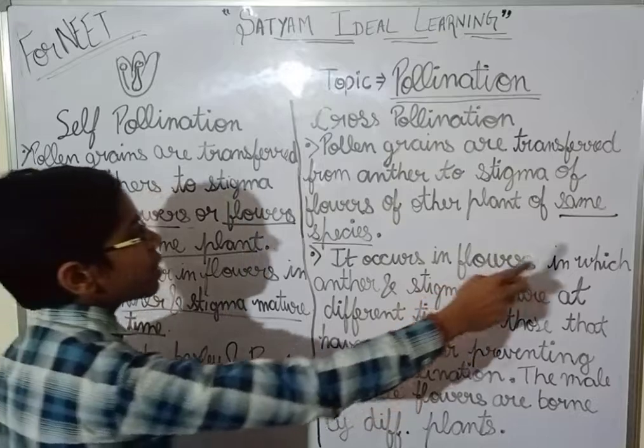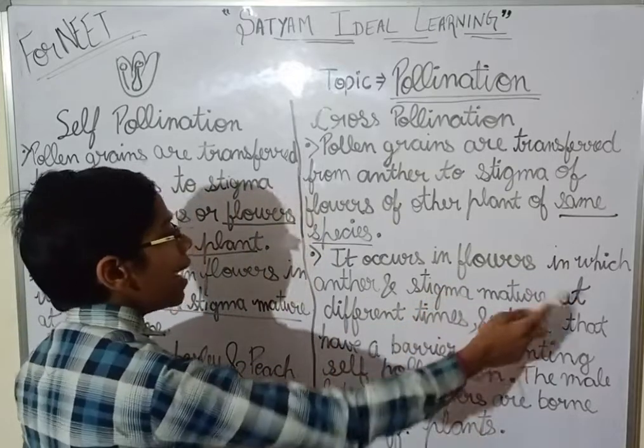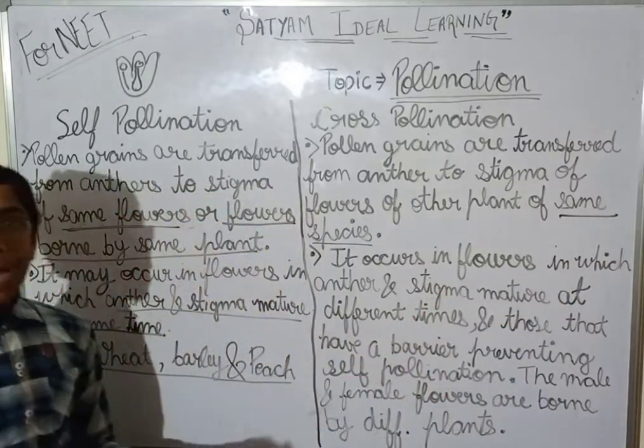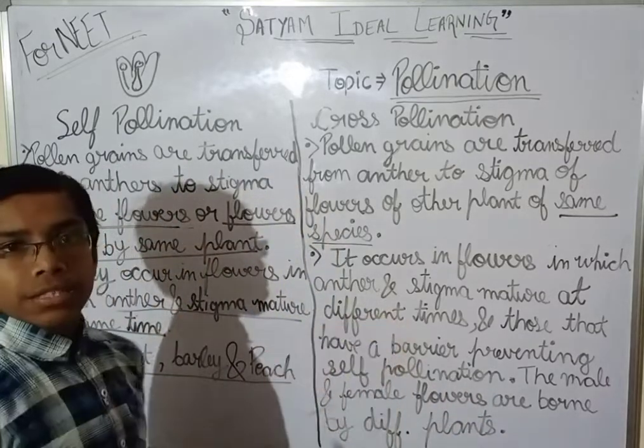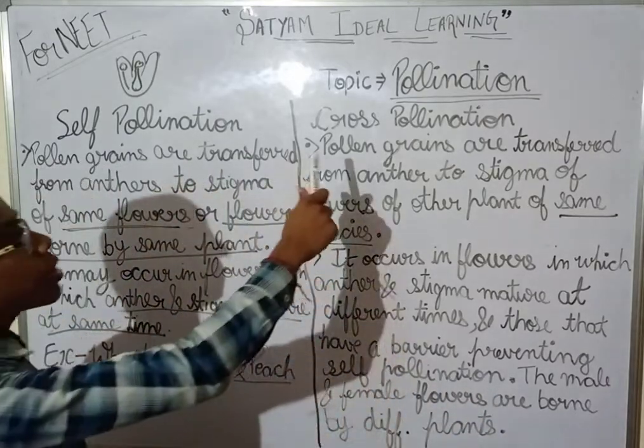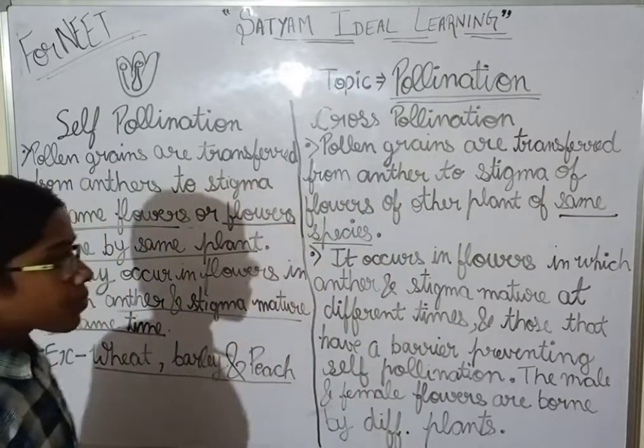It occurs in flowers in which the anther and stigma mature at different times. When they mature at different times, then cross-pollination occurs.